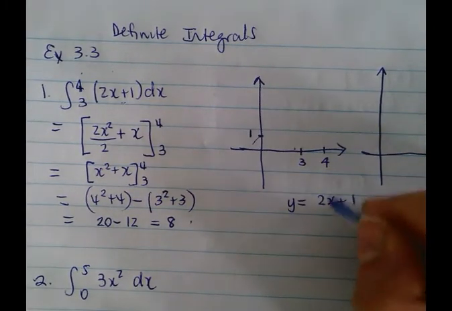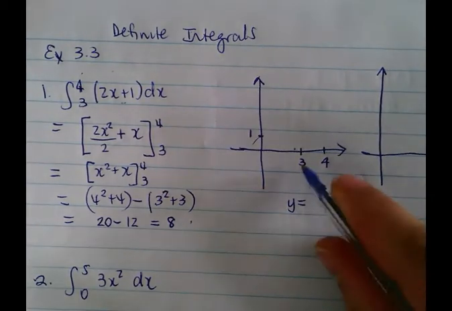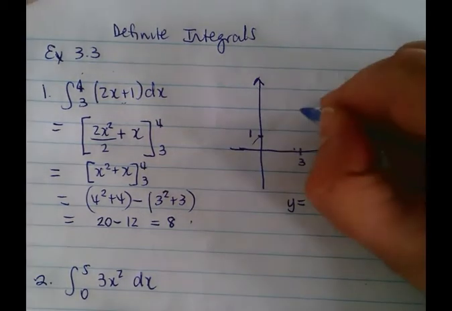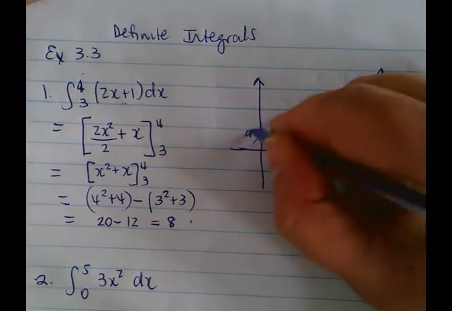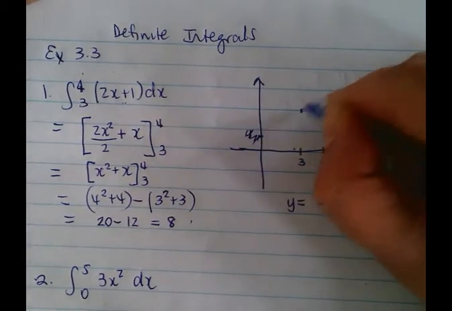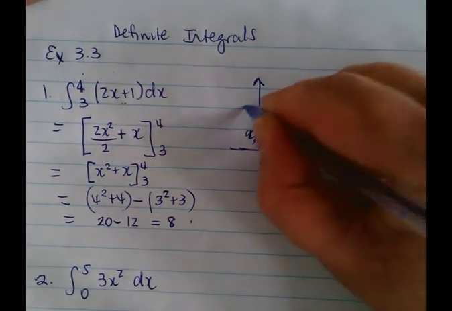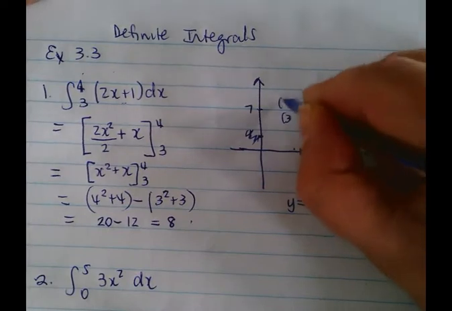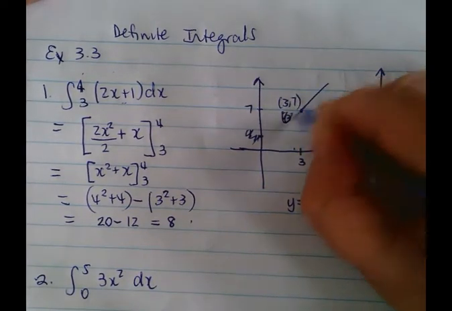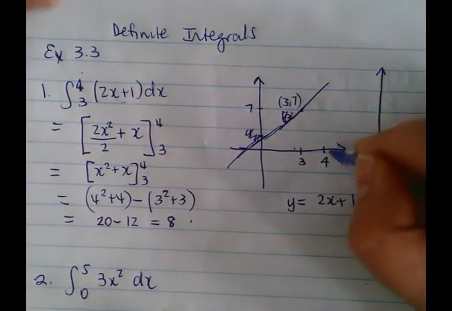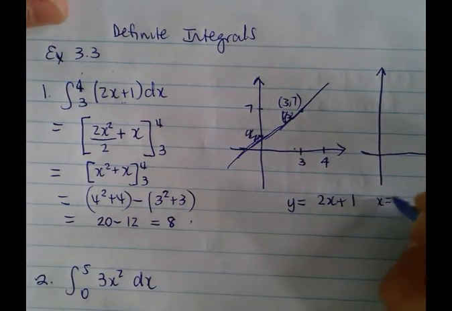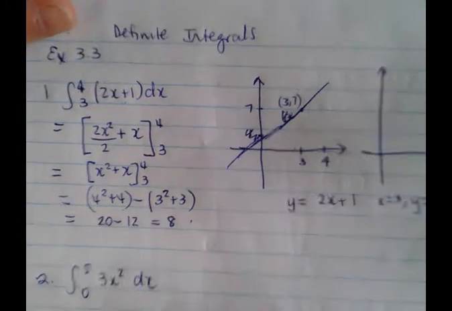When x is 3, I get 2 times 3 is 6 plus 1 is 7. This is the point (3, 7). I'm just going to do a quick sketch of the line, right?